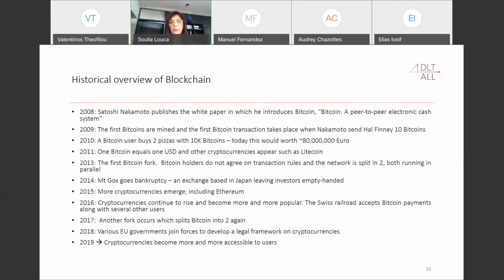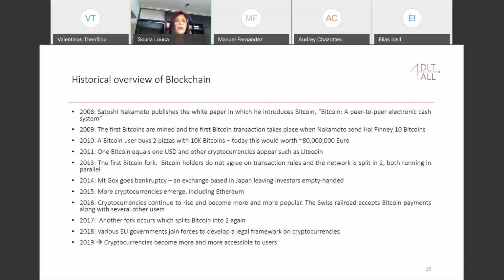In 2013, we have the first Bitcoin fork. It happened because the Bitcoin holders would not agree on the various transaction rules, and as a consequence, the network was split into 2, and both of these networks were running in parallel.